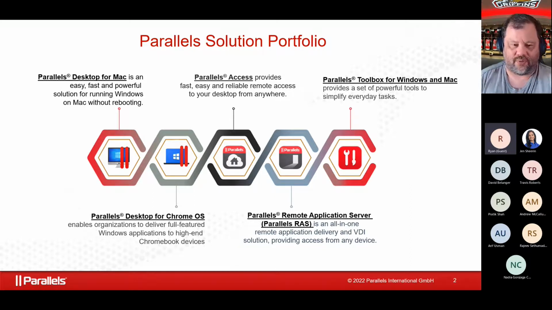I think it's pretty cool to be able to run those Windows apps on a Chromebook. Parallels Access is accessing your desktop remotely, your desktop being at home. So those are kind of the three consumer products.